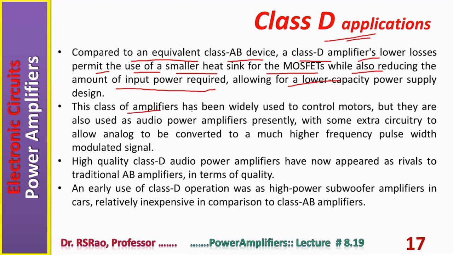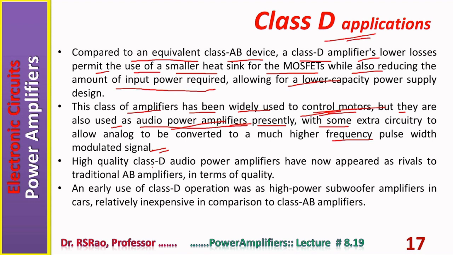This class of amplifiers has been widely used to control motors, but they are also used as audio power amplifiers presently, with some extra circuitry to allow analog to be converted to a much higher frequency pulse width modulated signal. So to control motors, class D operation is used, and also as audio power amplifiers.